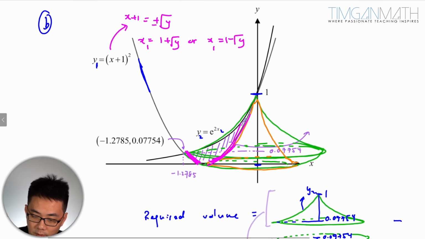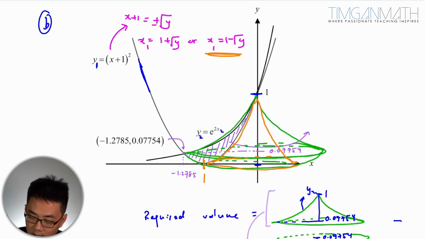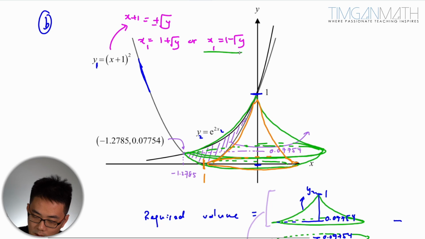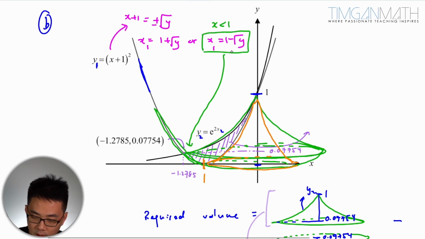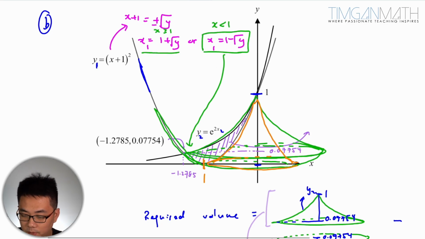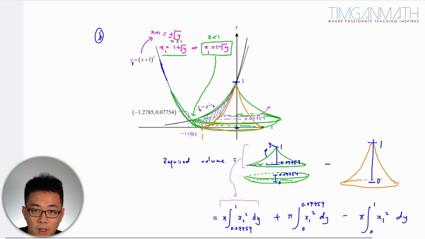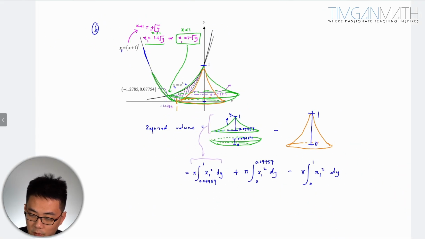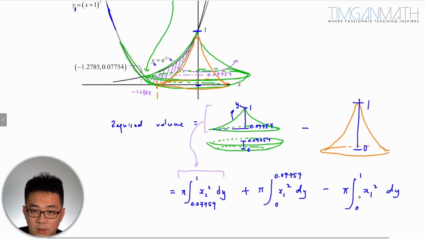So this curve here, the negative, because x is 1 minus root y, will take this side on the right. So this is for x less than 1, we take this equation. X bigger than or equal to 1 will take this equation here, which is this part here. I know it's a bit confusing, but just follow me, because these both x1 will use different functions.